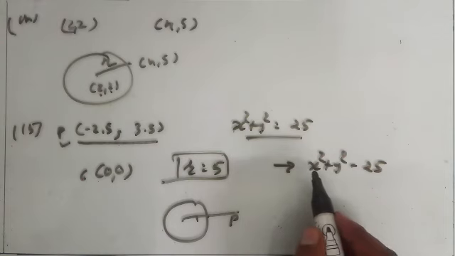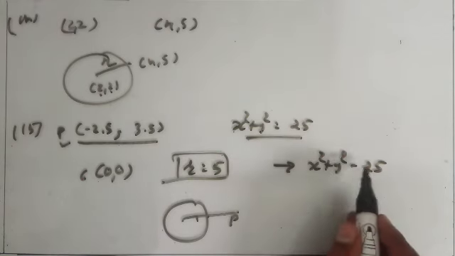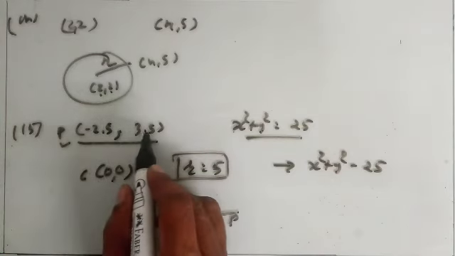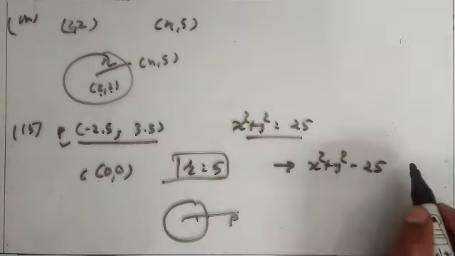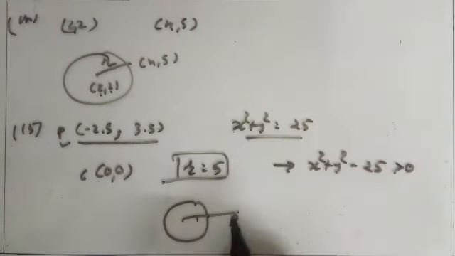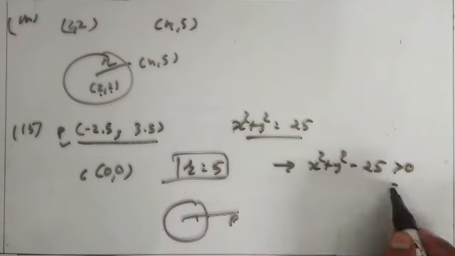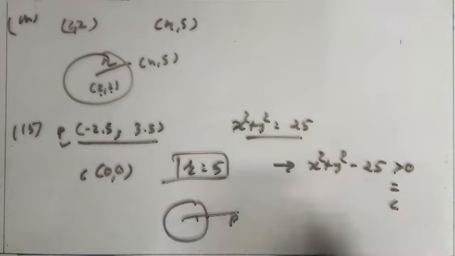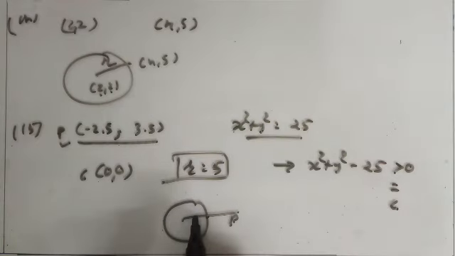If x square plus y square minus 25, after replacing x by minus 2.5 and y by 3.5, we get greater than 0, then the point is outside. Equal to 0, then the point is on the circle, and less than 0, then the point is inside the circle. Clear?